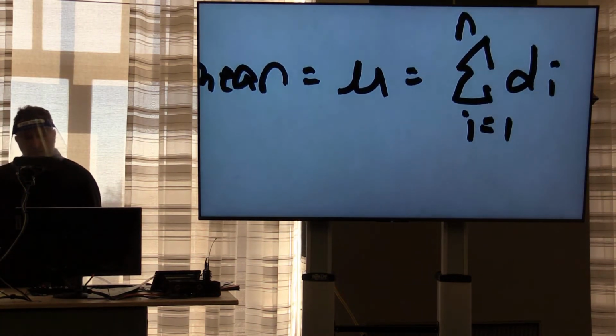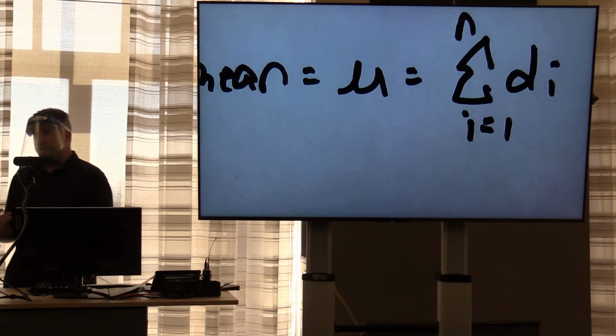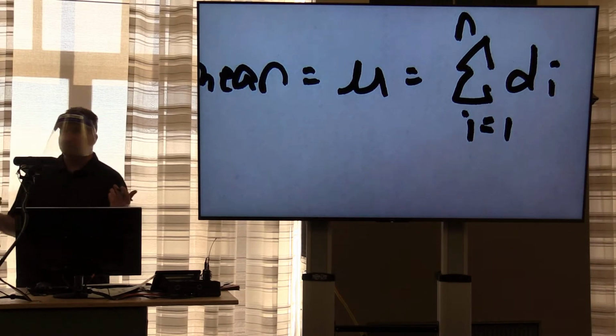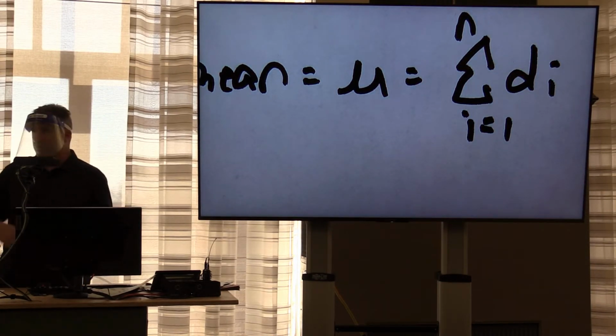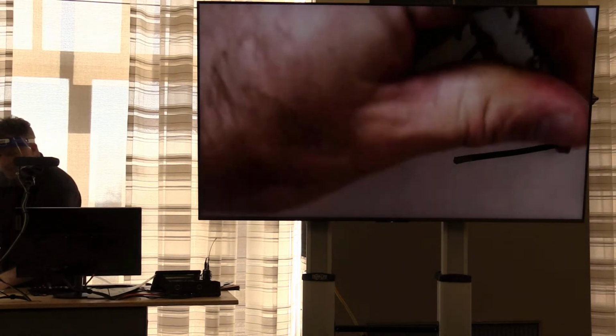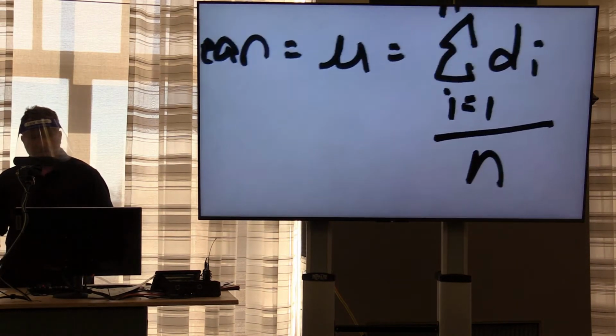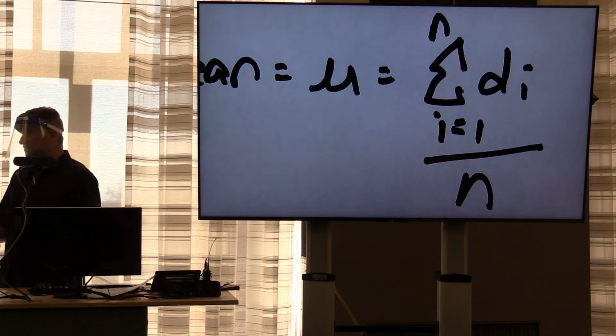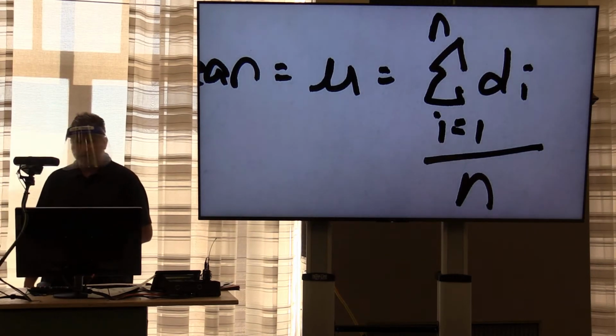So if i went from 1 to n, maybe n is 300 for 300 days of daily demand, you sum up all the daily demands and you divide by the number of observations, and of course that's going to be your mean. Just your average, same thing you know how to calculate.